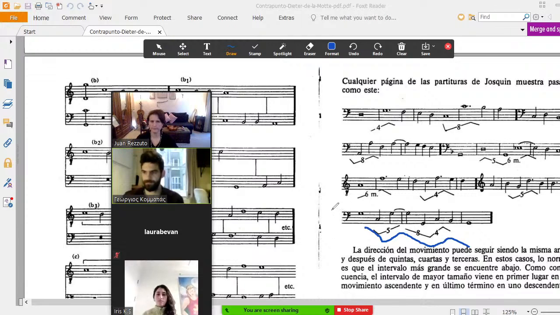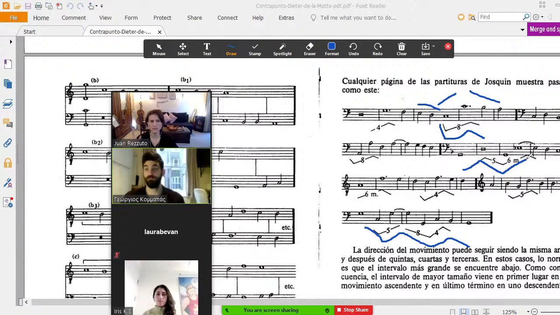That's the golden rule. For example, you have an octave, which is compensated by contrary stepwise motion, but they are two very long values. Then you have, in this case, for example, a fifth, a minor 6.